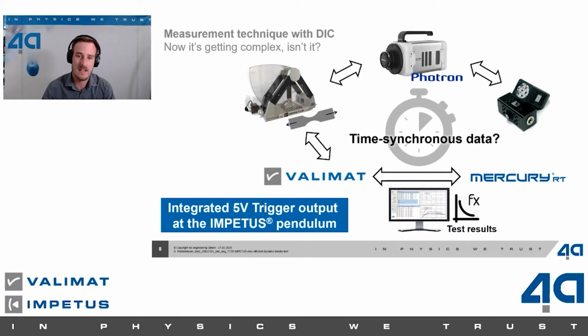So we just get a small flash during the test so that we don't heat up our test piece. And all this data will be stored in VALIMAT. And the second software, which we see here on this slide, is Mercury. Mercury is an external DIC software, which is really well linked to VALIMAT.